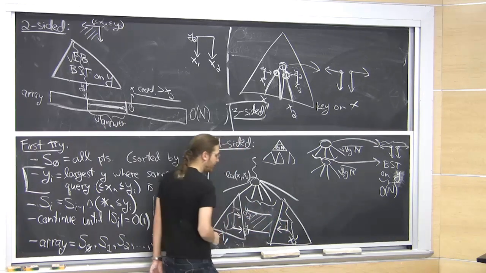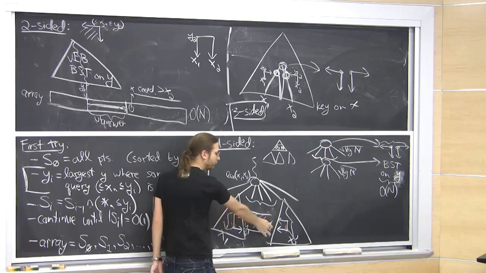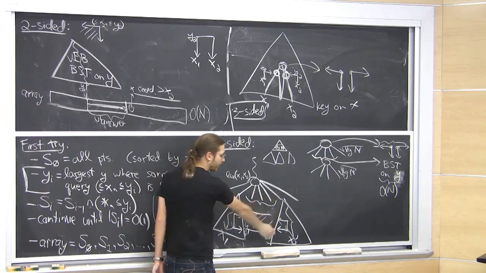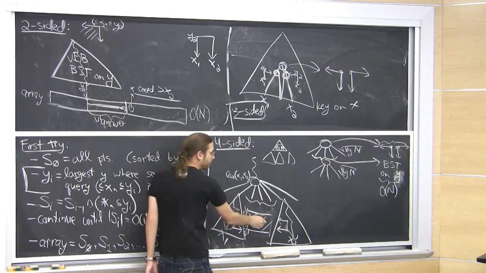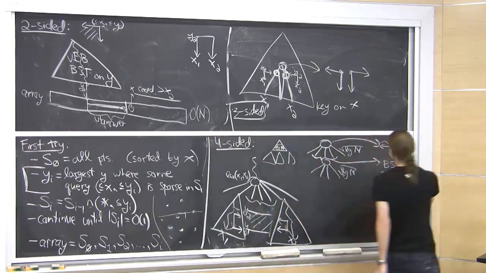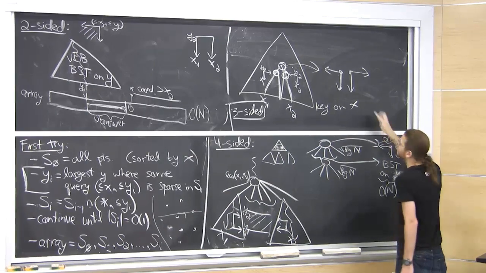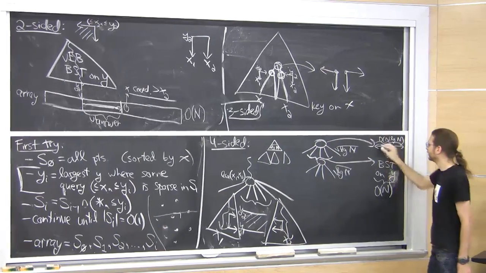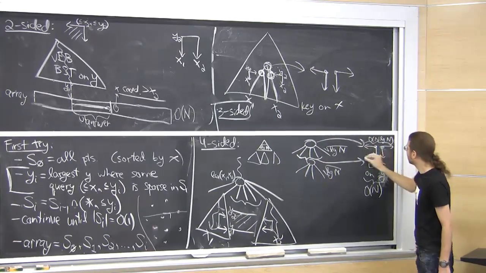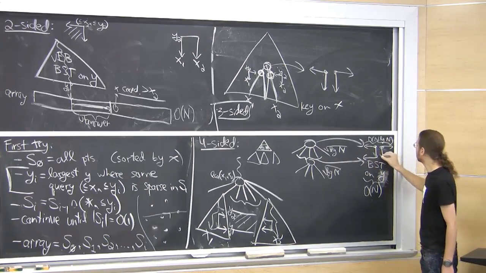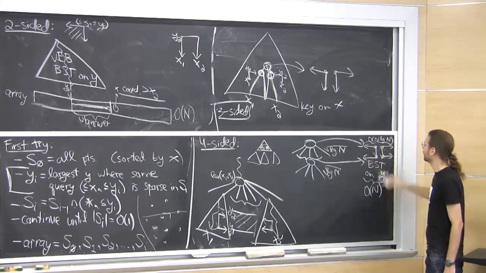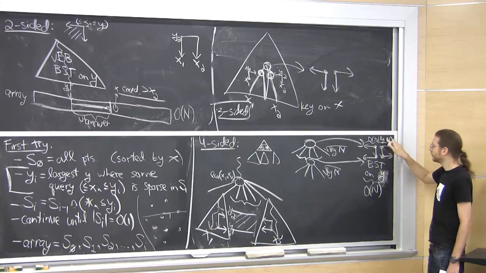But I still need the remaining 3 sides. In here, I only need these 2 sides because I've already got x1 and x2 covered. So this is cheap. I only need a linear space data structure. This thing is not so cheap. I'm using the previous data structure, which has n log n size. These are 3-sided range queries. Sorry for drawing it wrong. So I need 2 3-sided structures.